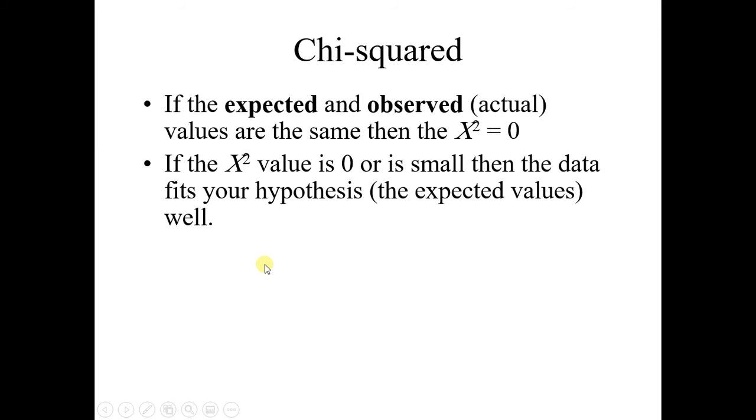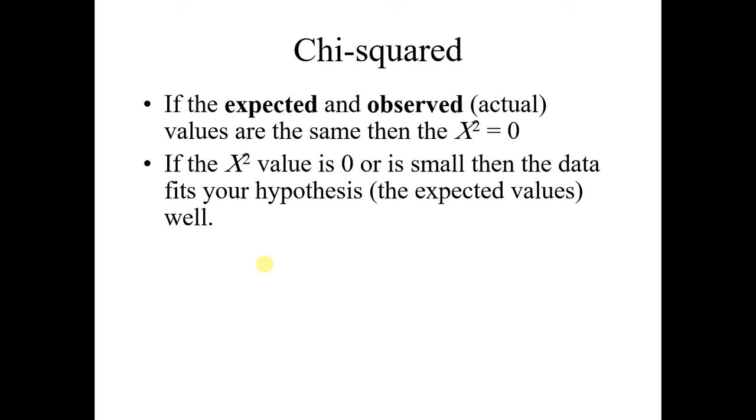So the idea is that if the expected results for a genetic cross, as far as the proportion of phenotypes, and what we observe from actually doing the experiment are the same, then our chi-square number is going to be 0.